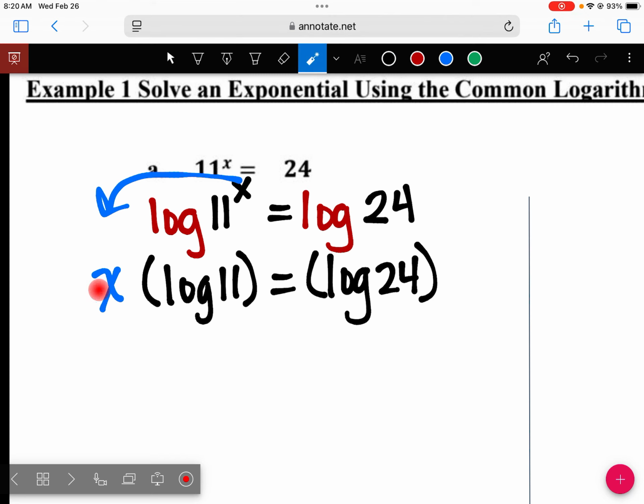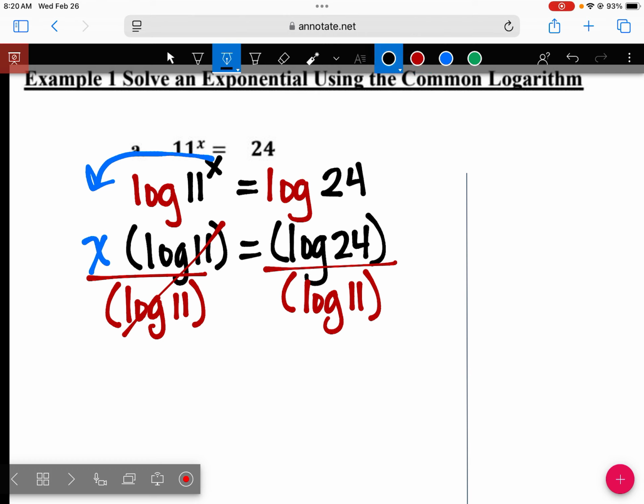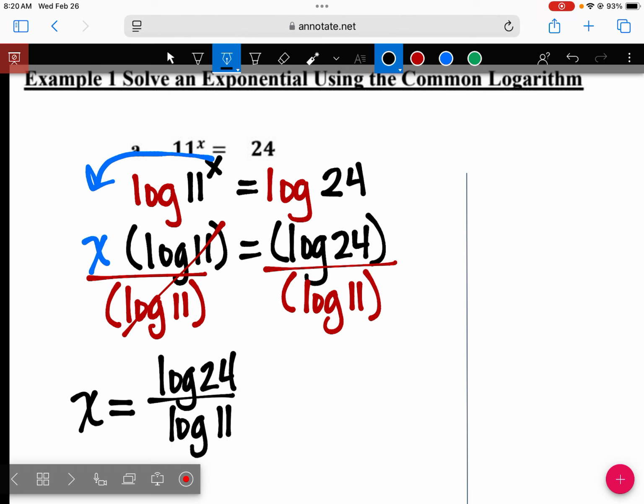Now these are being multiplied. So to solve for x, we simply need to divide. You're going to divide both sides by the log of 11, because that is what is being multiplied by x. So in your calculator, I want you to type in log of 24 divided by log of 11.